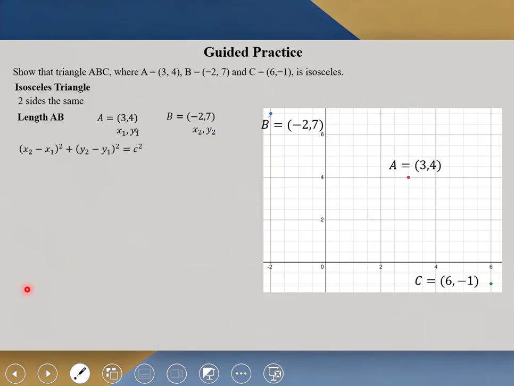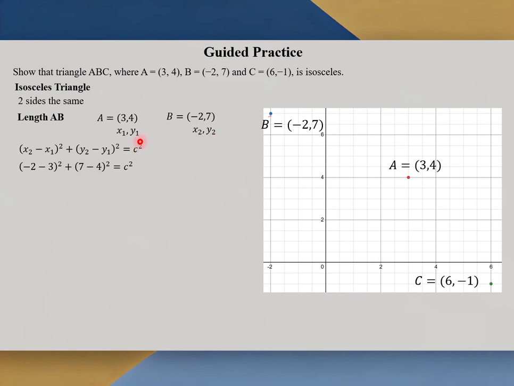So all we're going to do is substitute our values. So now we've got -2 take away 3, in brackets, squared, plus y2, 7, take away y1 of 4, squared, equals c squared.